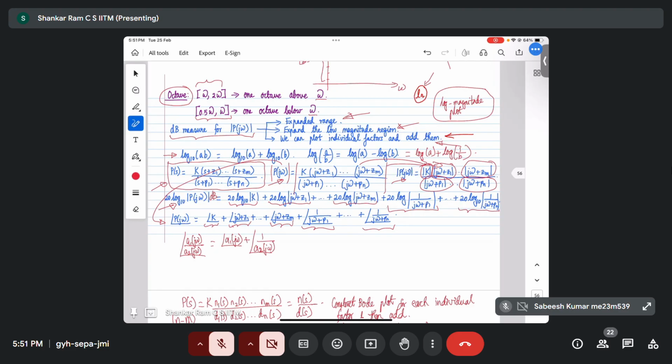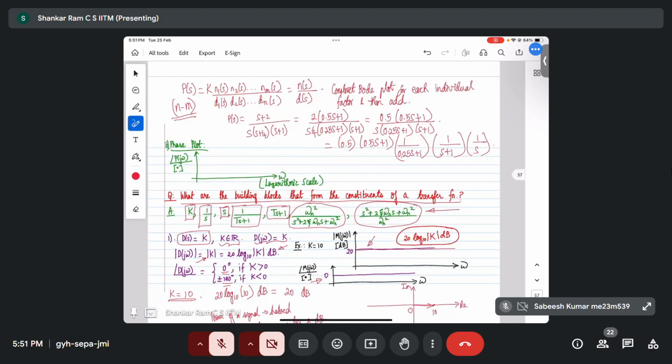That is why we are considering these blocks. Any transfer function that you give me, I can factorize into a product of these factors. That is why we are learning the Bode plot of the individual factors. Once we learn those, the Bode plot of the composite transfer function is obtained by just adding the individual plots. Why? Because of the property of the logarithm. That we have been learning.